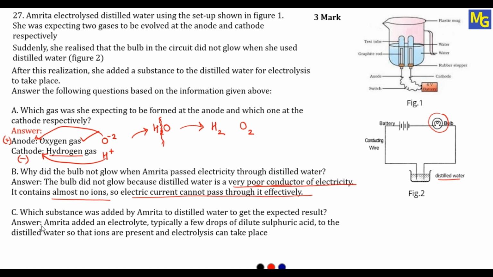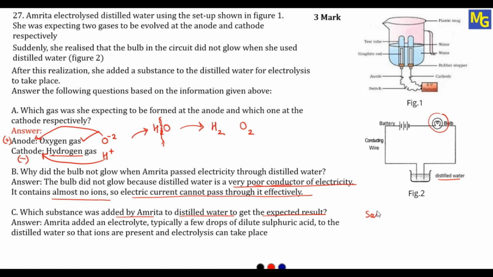Then question C, which substance was added by Amrita to distilled water to get the expected result? So as I told, it doesn't have any substance to form ions. If you add any substance which gives ions, then the water can conduct electricity. And you know the ionic compound, that is salts.